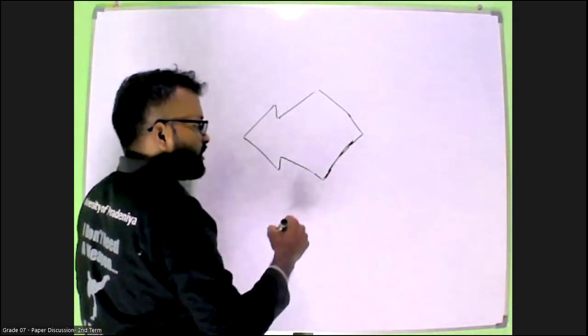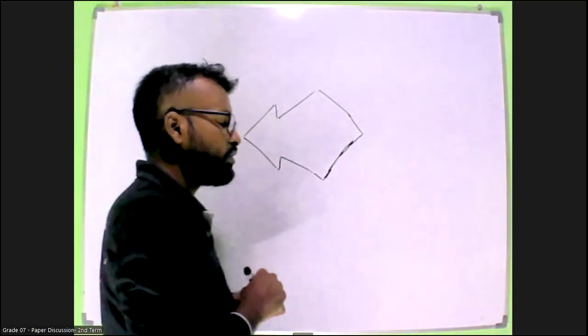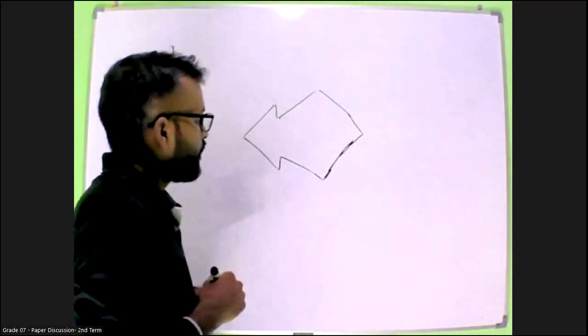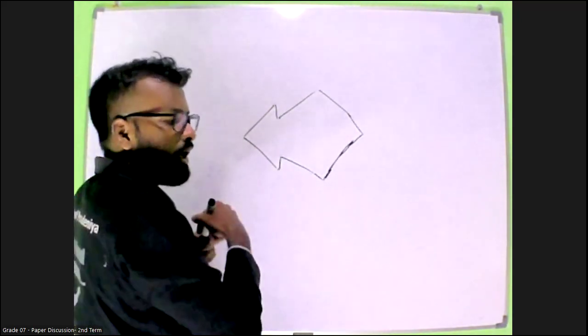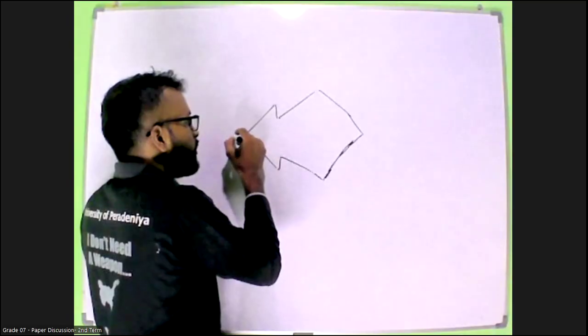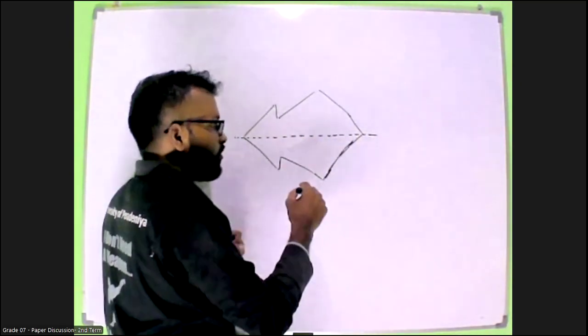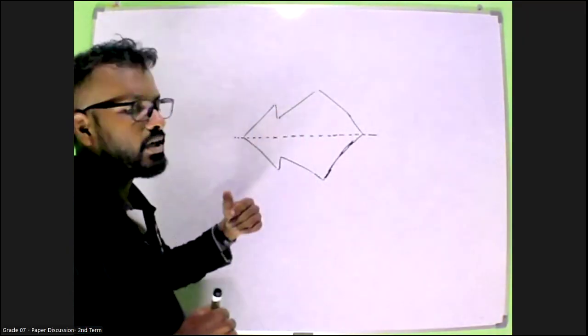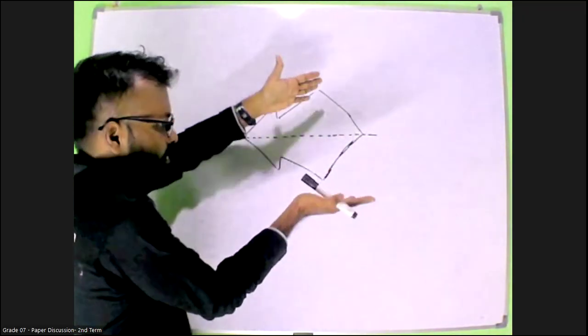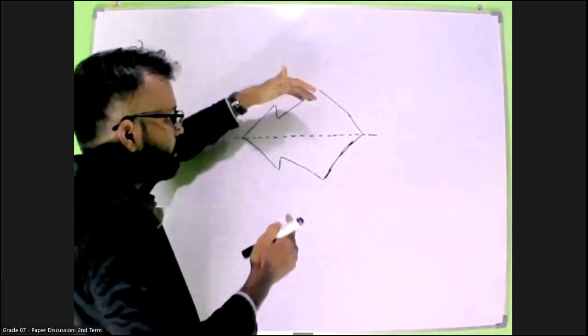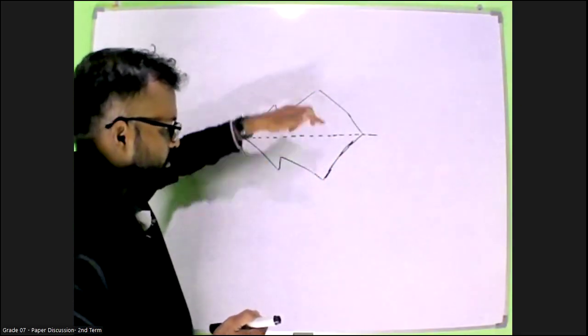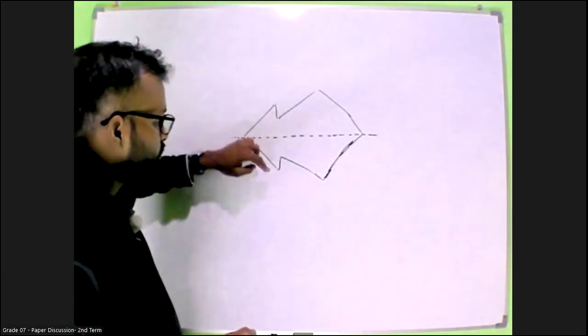Basically, if you see something like this, what you have to do is take your ruler and try to draw some lines. You can draw one line, something like this. Around this line, you can fold this, from this vertex to this vertex and this vertex to this vertex.